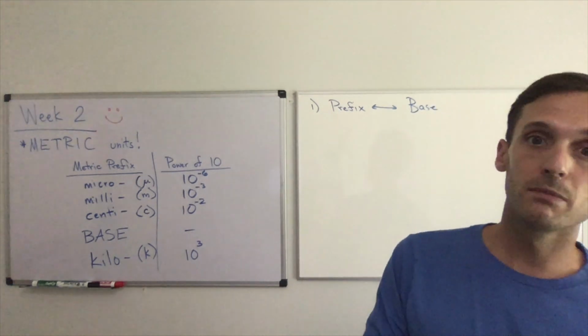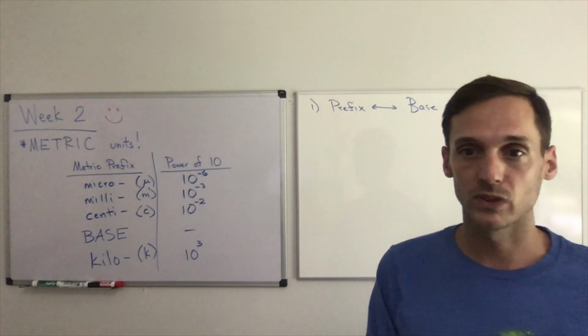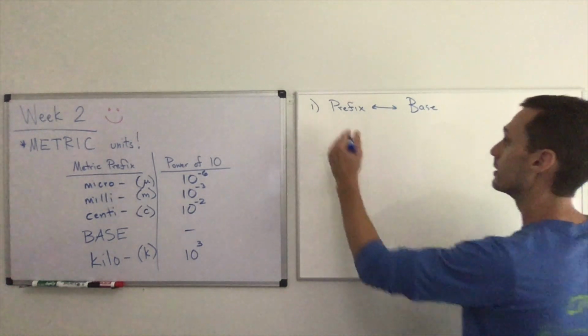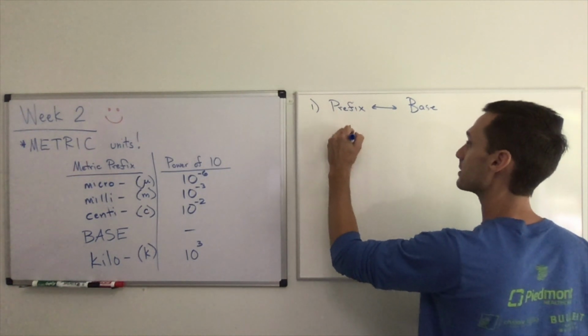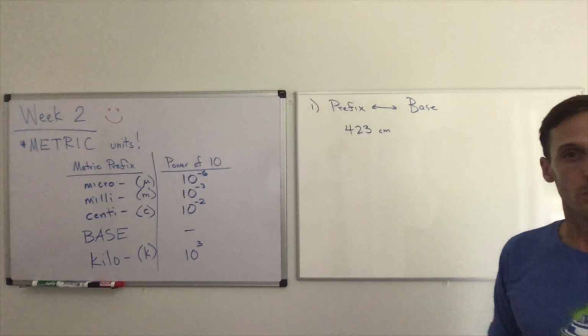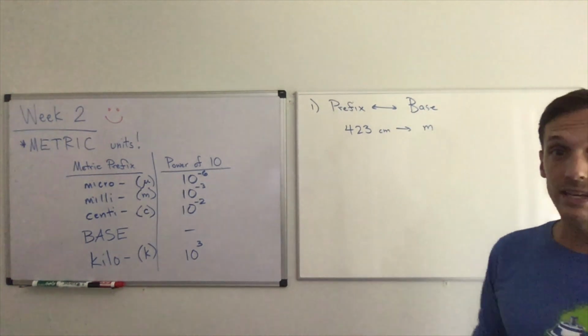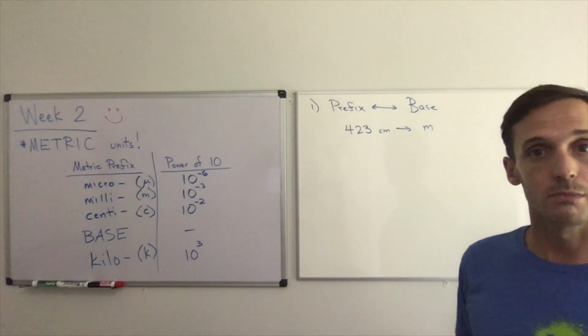Okay, so we could go from the base to a prefix or from a prefix to a base. Okay, so let me show you what I mean here. Let's do a conversion, let's say 423 centimeters, but we don't want the unit centimeters. We actually want to go to the base unit of just regular old meters.